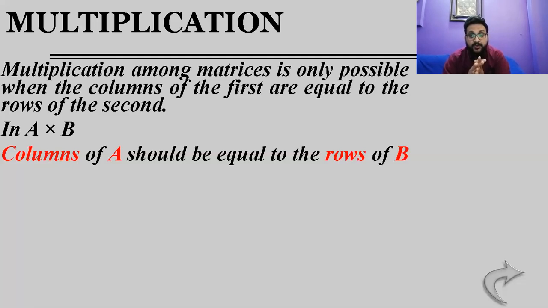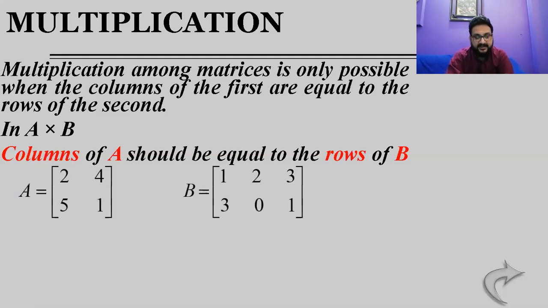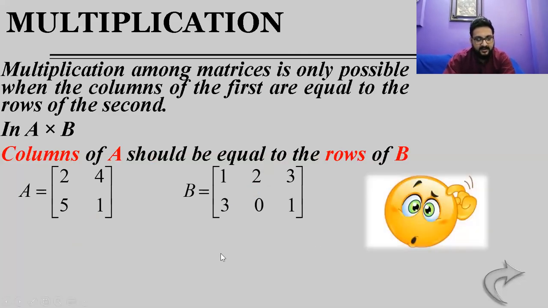What is the rule? Columns of A should be equal to rows of B. This is the rule of multiplication.